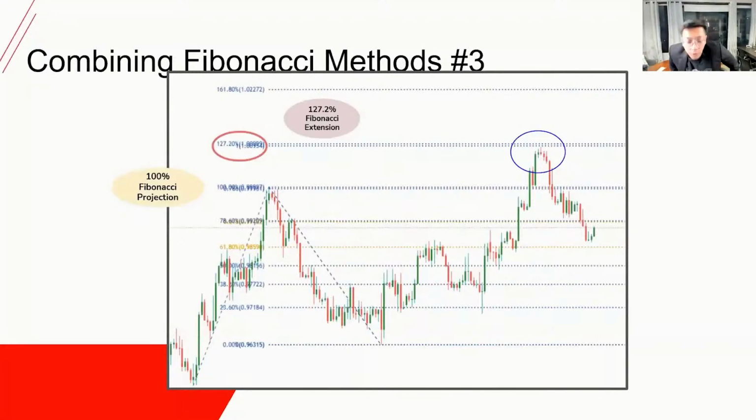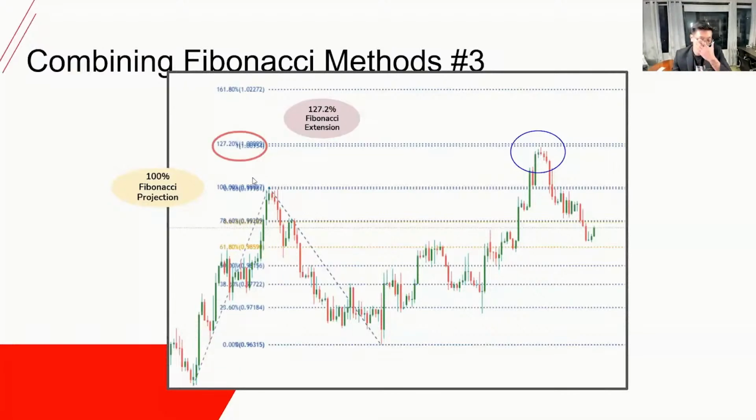All right, same thing, but this one is kind of inverted. You can see right here that if you draw from this high to this low, your 100% FIB projection will be right here. And as for the FIB extension level, oh sorry, here, this circle area.